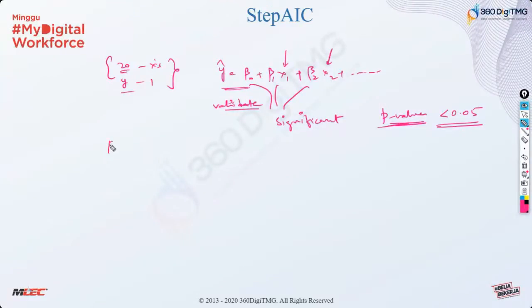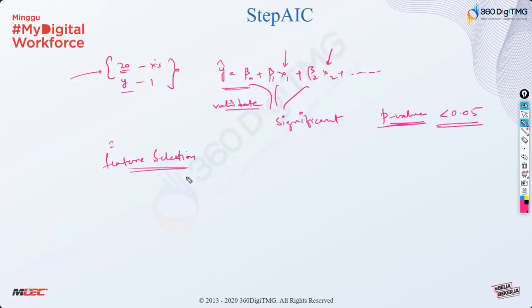So I'm going into a concept called feature selection. Among 20 different variables that you have, you need to choose the most appropriate features.